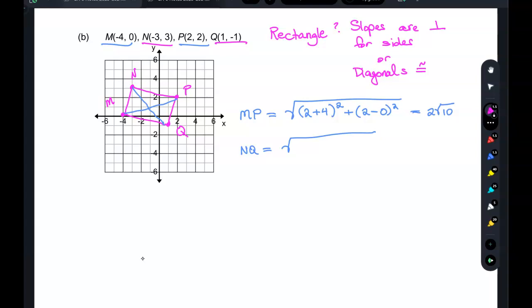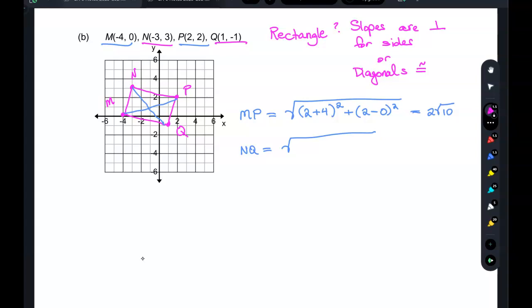If it's not a rectangle, we could still have just a regular parallelogram. The thing is, this is kind of like a proof. There's no one right way to go about this. You could start with all the slopes if you wanted, but that would only tell you if it's a rectangle or a parallelogram. It's up to you, but you'd have to do it 4 times, versus the distance formula, I only have to do it 2 times, because I'm just checking the diagonals.